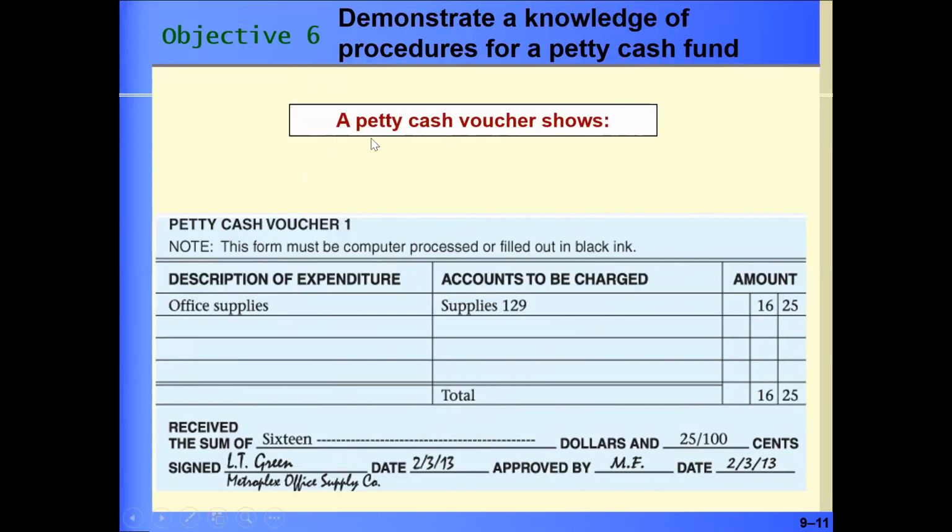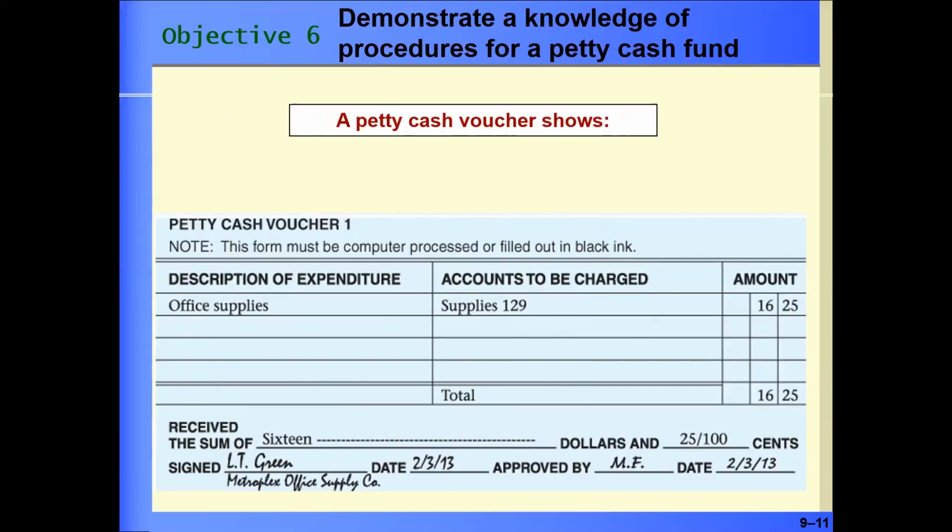So here is an example of a petty cash voucher. For this situation, it needs to be computer processed or filled out in black ink. That's for control purposes. Someone bought office supplies and brought back a receipt for $16.25, and they wanted cash.